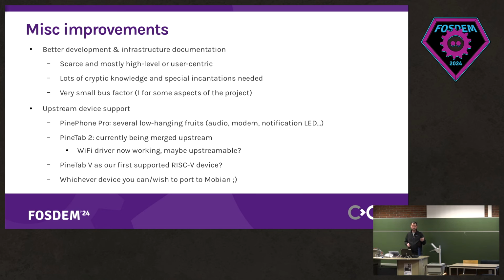We hope to support also the PineTab V or PineTab 5, depending on how you see it, which would be the first RK3588 device supported in Mobian. And we also welcome, obviously, contributions to support more devices, to help us with documentation, and to basically help us make the mobile future brighter for all of us Linux mobile users.